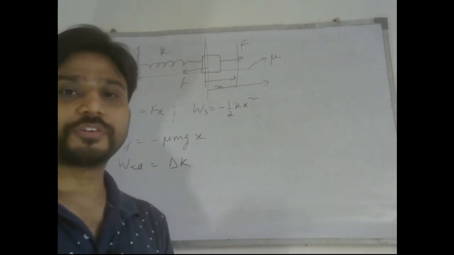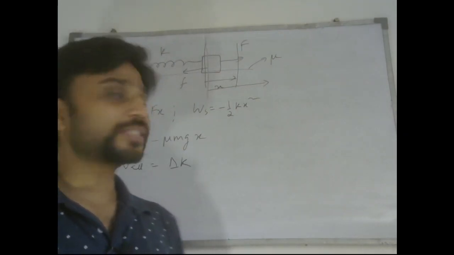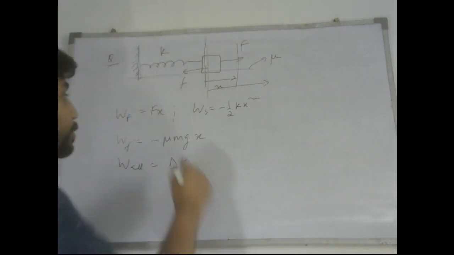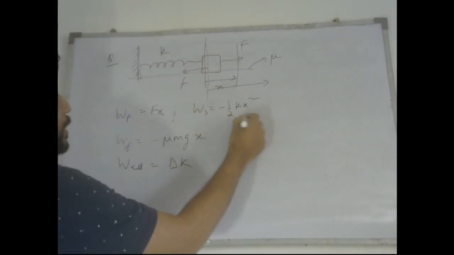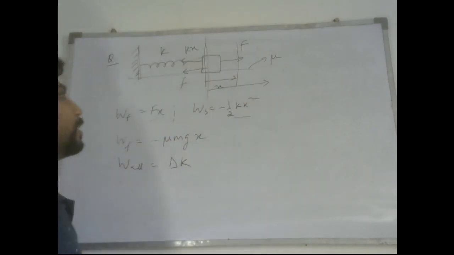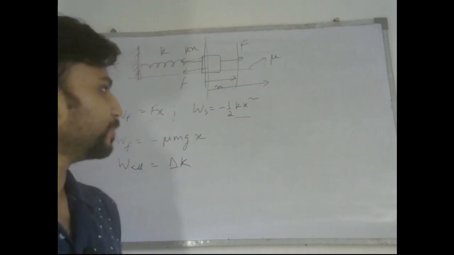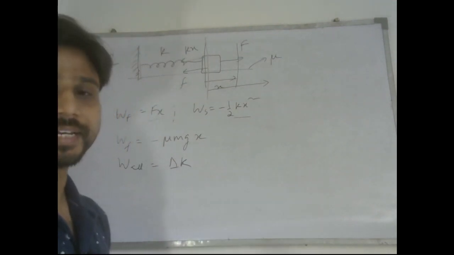This is because unbalanced forces are acting on the block. What is the unbalanced force? It is the spring force, Kx. Because of this unbalanced force, the block is first accelerating, gaining some speed and some kinetic energy.